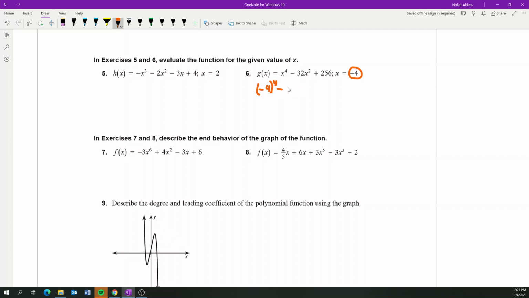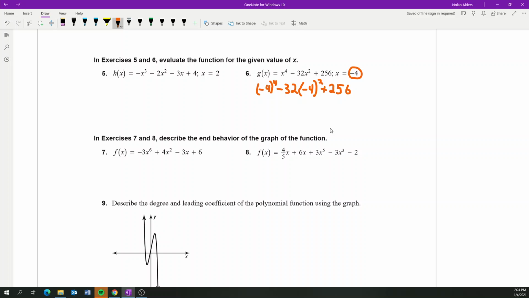We're going to have minus 32 times negative 4 squared. And a good practice, guys, is to always put your substitutions into parentheses, and that'll just keep you straight. And then you can just type that directly into your TI-83 or TI-84, and that should give you an answer.